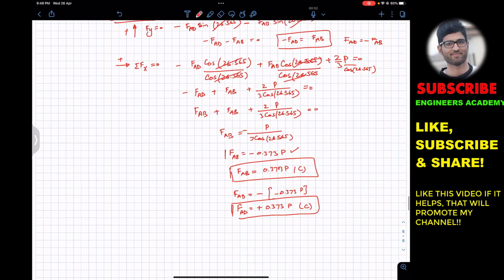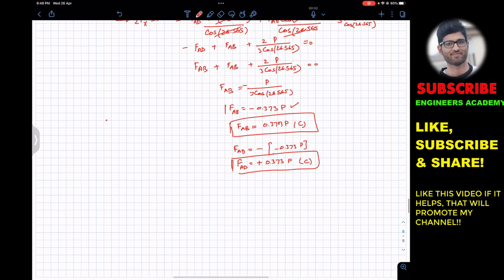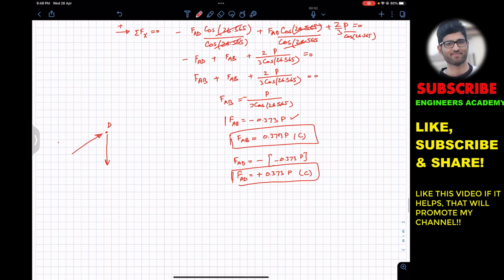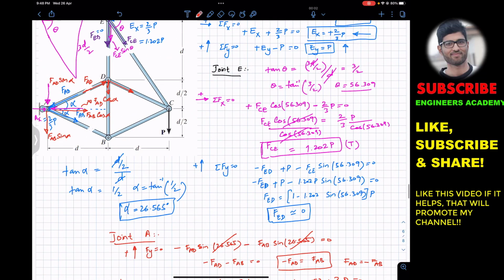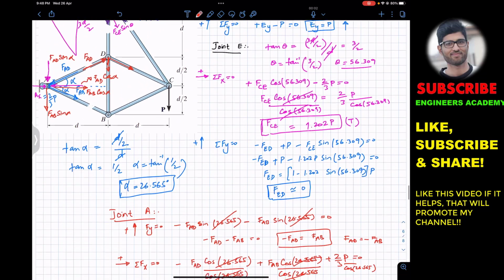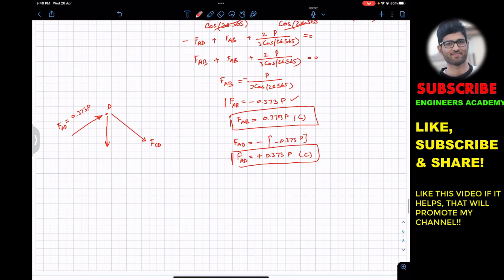So let me draw joint D here. So here we have FAD. Its value is 0.373 P. Then we have CD. This is FCD, and we have FBD. So this is FBD.